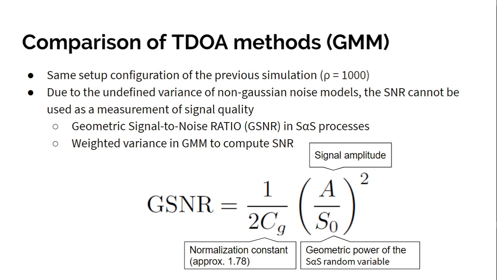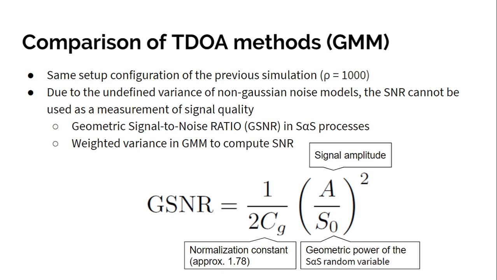Actually, we keep the source signal, it's going to be the gong signal, but because of the nature of this noise, we don't actually have a defined variance. So we have to introduce the geometric signal to noise ratio concept. It is used in S alpha S processes, and it's calculated by this expression where CG is just the normalization constant.